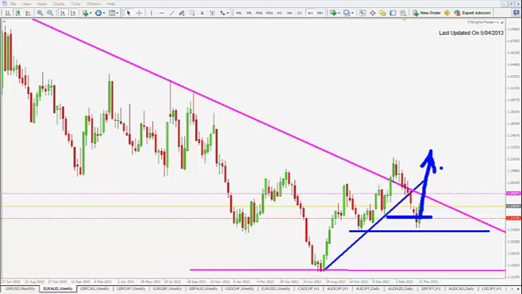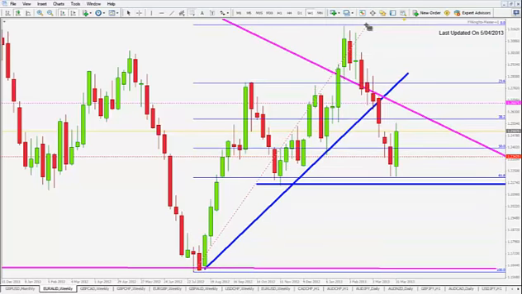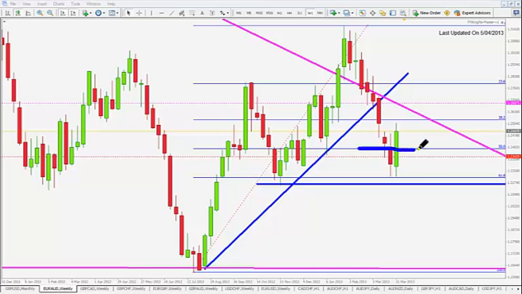So on the euro against the Australian dollar, we are absolutely bullish as price is bouncing off the 50% retracement level of the Fibonacci tool. This is the 50% level. Price has failed to break that level on a sustained move. So from now on we are bullish, and the next level for price to hit is the 1.26575 level.